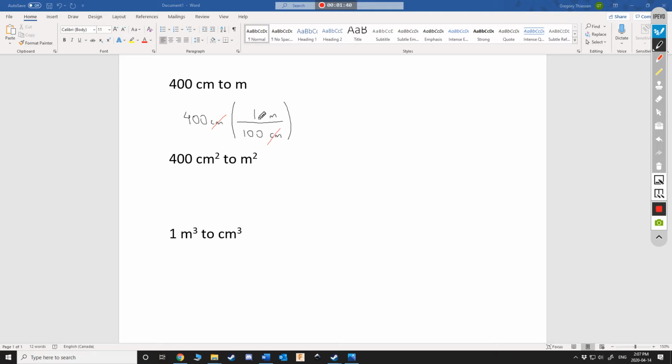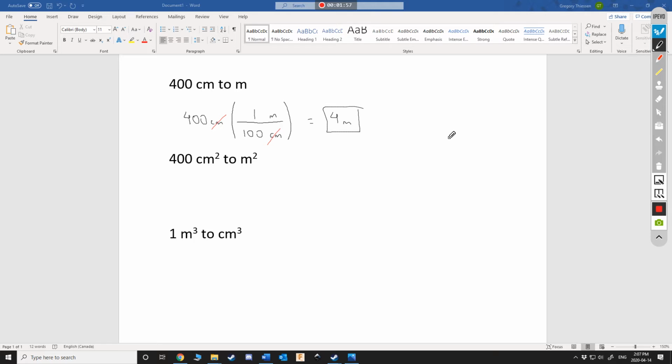Now that we have our correct conversion factor, the centimeters cancel out. Now we just follow through the multiplication. 400 multiplied by 1 divided by 100, we get 4 meters. That is our answer.